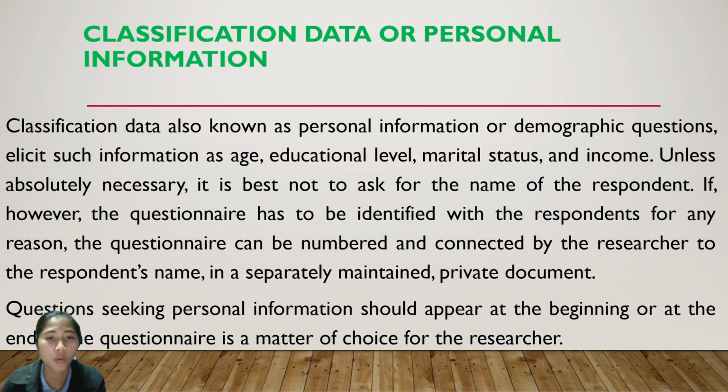If, however, the questionnaire has to be identified with the respondents for any reason, the questionnaire can be numbered and connected by the researcher to the respondent's name in a separately maintained private document. Whether questions seeking personal information appear at the beginning or at the end of the questionnaire is a matter of choice for the researcher. Classification data plays an important role as a valuable source of information.